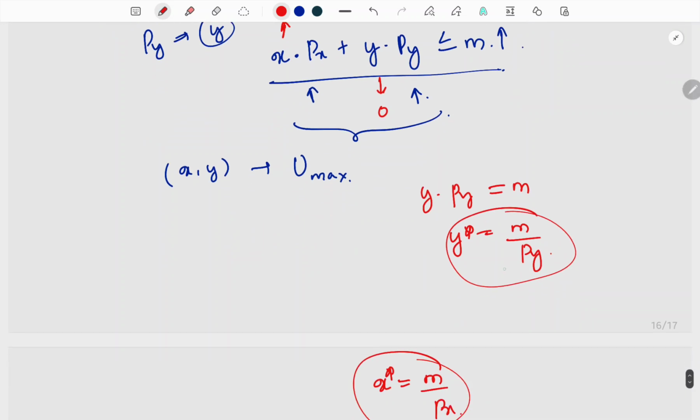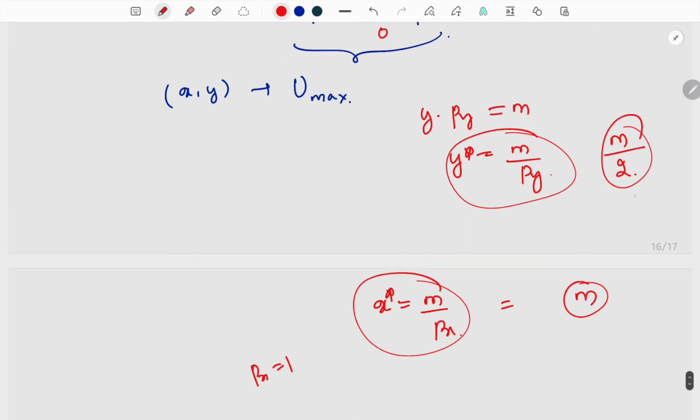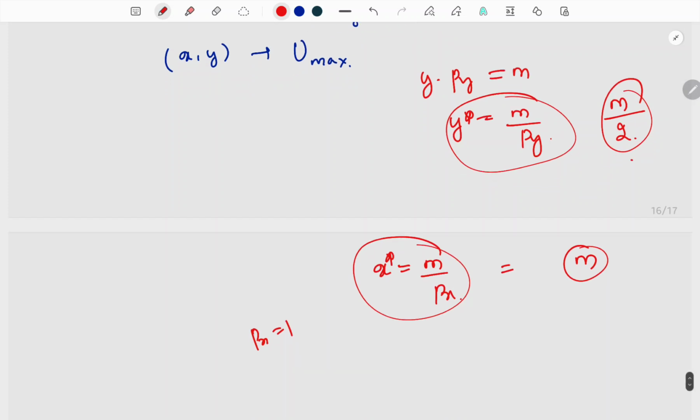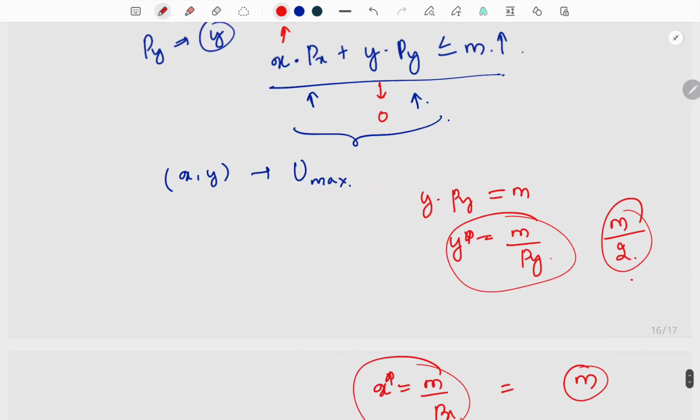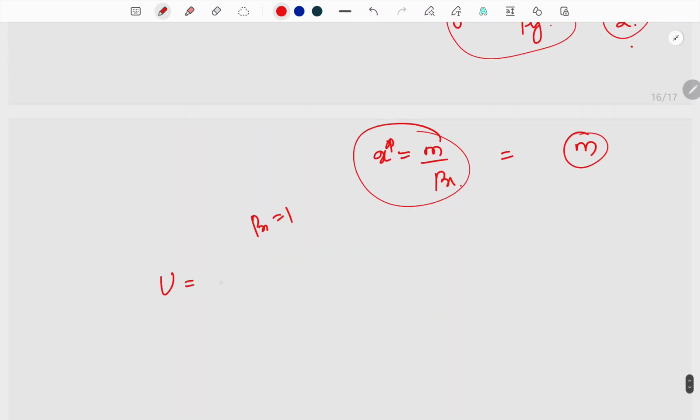You will get the value of y when m is the same, and py, suppose py is 2, and px is 1, it will be m, and now this will be m by 2. When we add these things, because x plus y is his utility, that's why we are adding x plus y. Here x is m and y is m by 2, which will give 3 by 2 m.